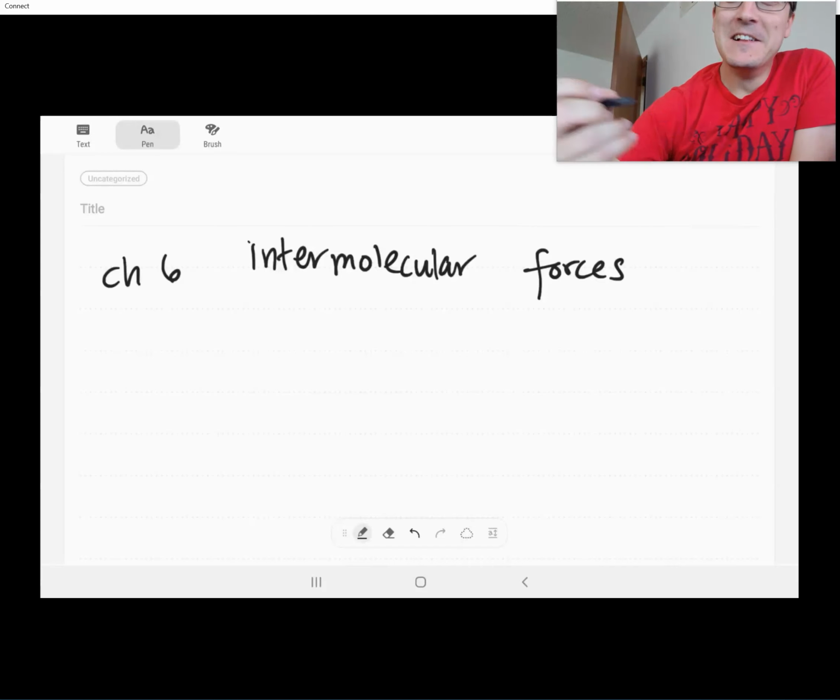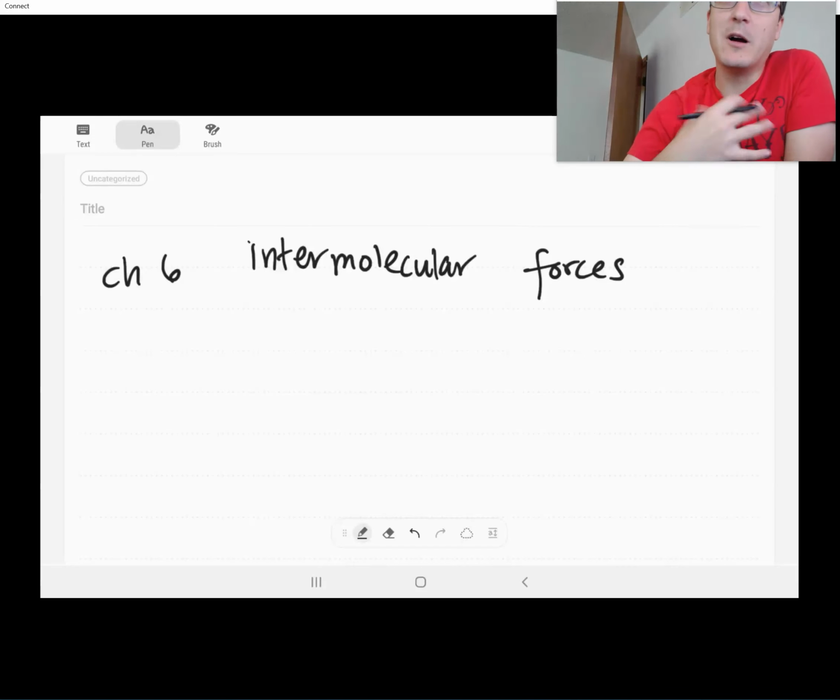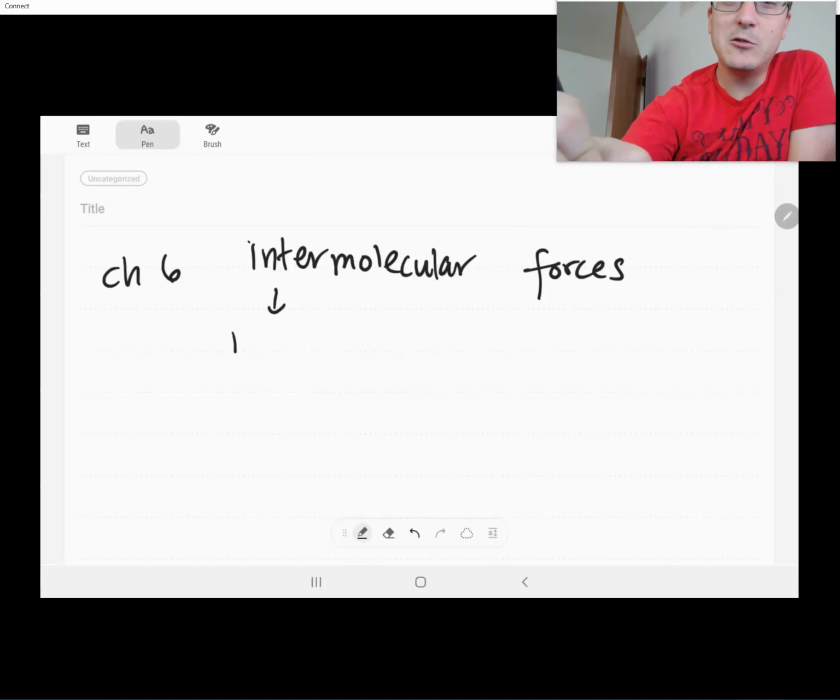So, actually, with doing all these Lewis structures, we talked about intramolecular forces. Those are forces within molecules. We were able to see if bonds were polar or if they were ionic. But now we're going to look at forces between molecules.